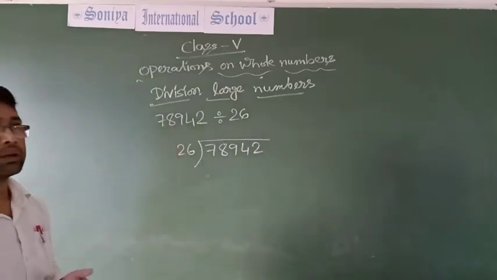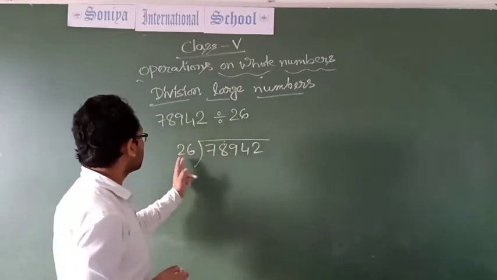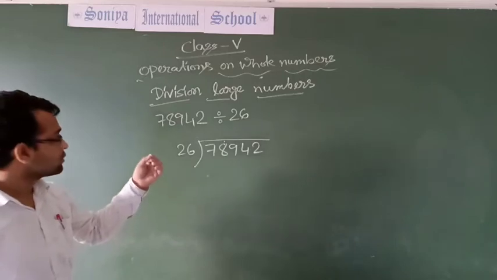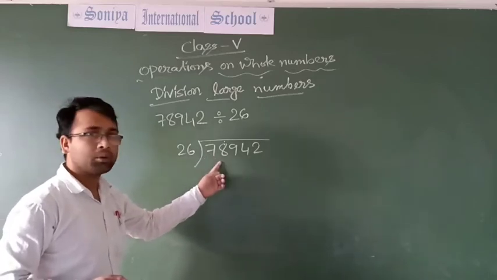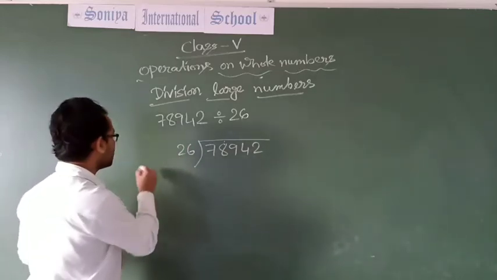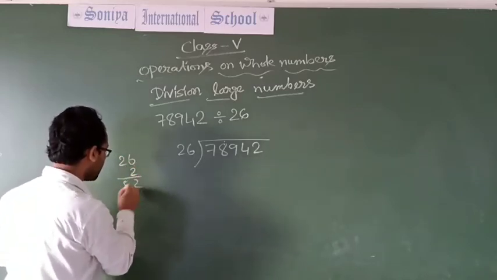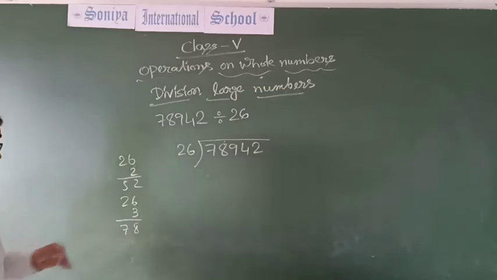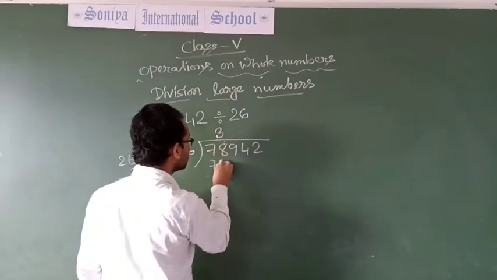First of all we take two digits and multiply more and more times, until we reach that number or less than that number. 26 times 1, 26 times 2 is 52, 26 times 3 is 78. So 26 times 3 is 78.